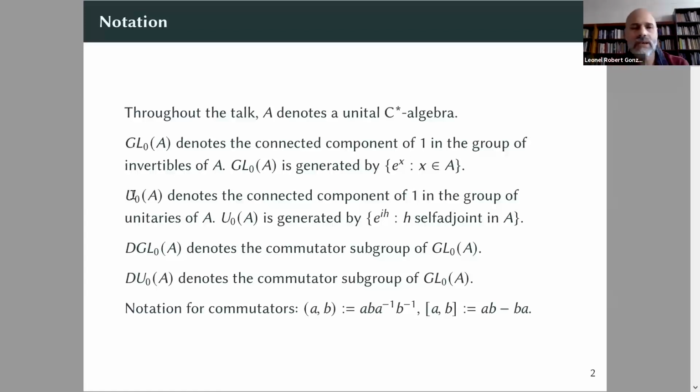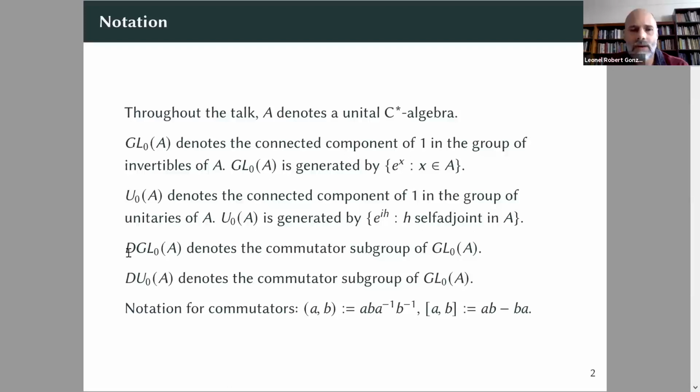So similarly, we look at unitaries. So U0 of A, I denote by that the connected component of the identity in the group of unitaries. And I almost always like to think about it in terms of the range of the exponential map, so generated by exponentials. Okay, so we'll be mostly interested in the commutator subgroups.